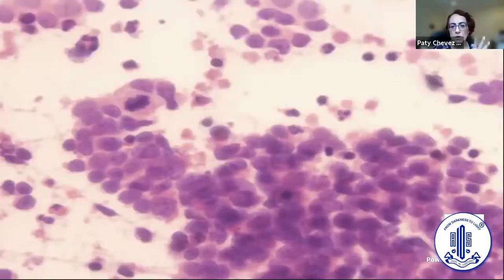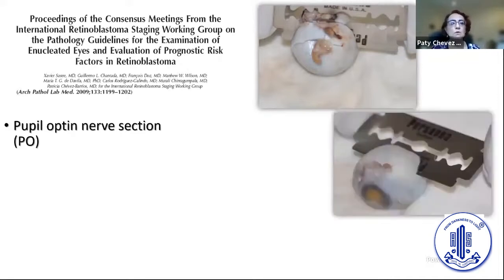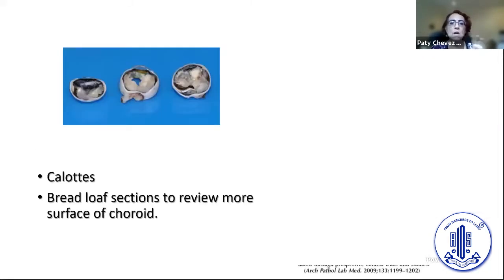Then we confirm this is retinoblastoma by cytology, and that the tumor that we are submitting for studies is viable. After fixation, we obtain the central PO section, which is the central part of the eye, and the two calottes, never transecting the optic nerve.